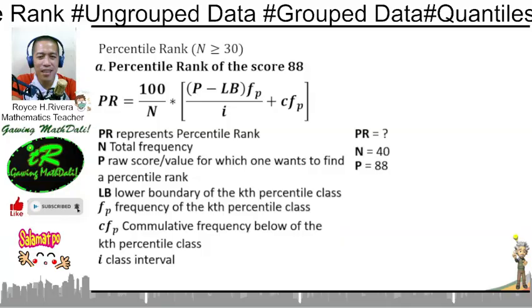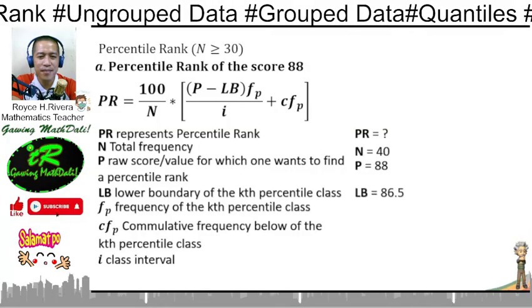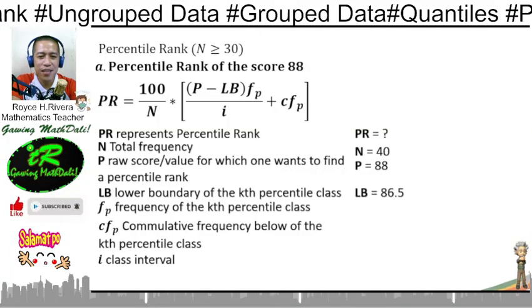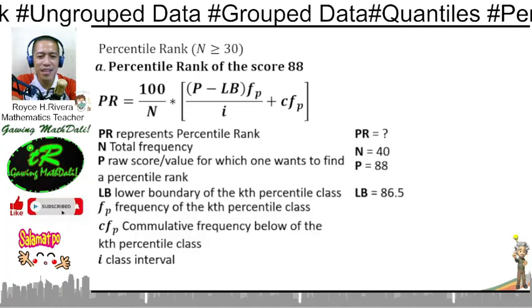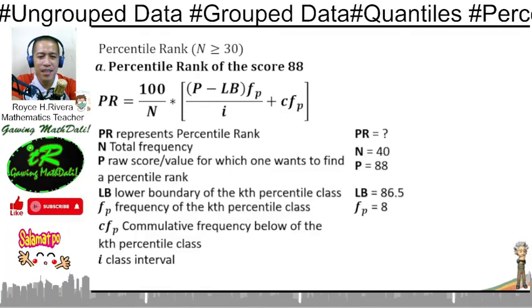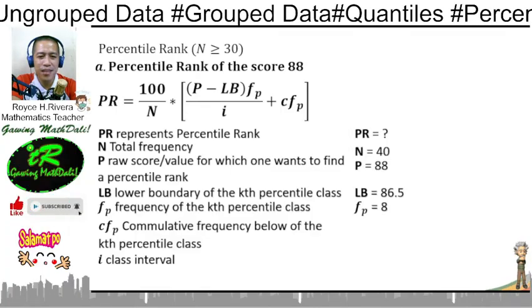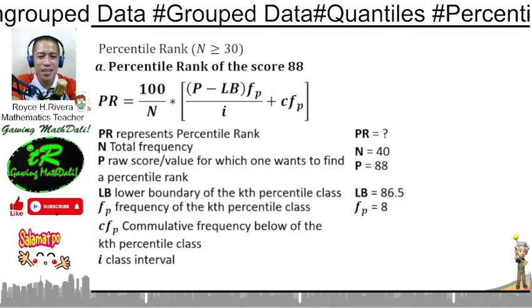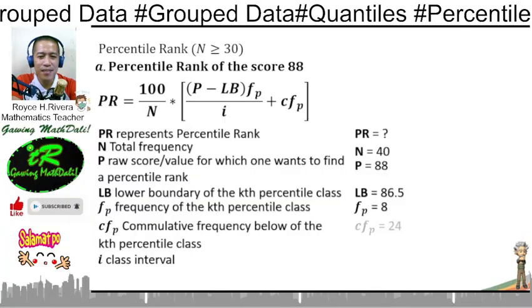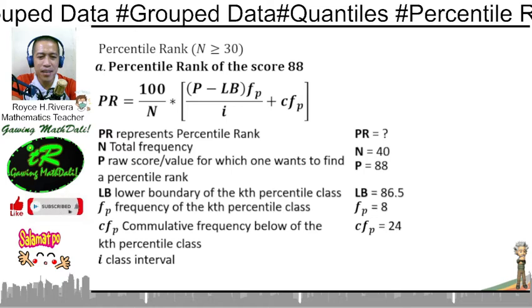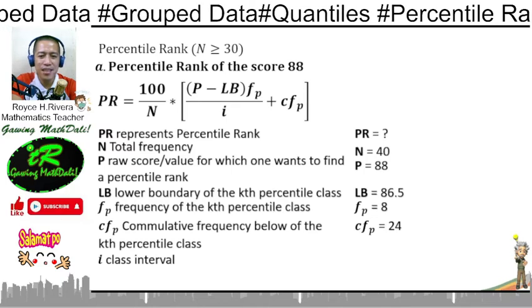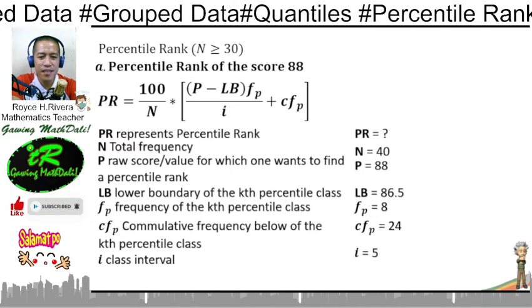We have N equals 40. LB, or the lower boundary, is 86.5. FP, or the frequency, equals 8. CFP, the cumulative frequency, 24.